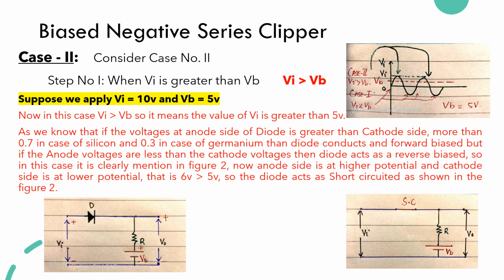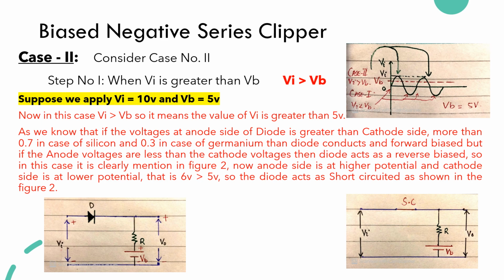Now in this case number 2, suppose we apply VI equal to 10 volts and VB equal to 5 volts. It means the value of VI is greater than 5 volts. As we know, if the voltage at the anode side of the diode is greater than the cathode side by more than 0.7 in case of silicon and 0.3 in case of germanium, then the diode conducts and is forward biased.